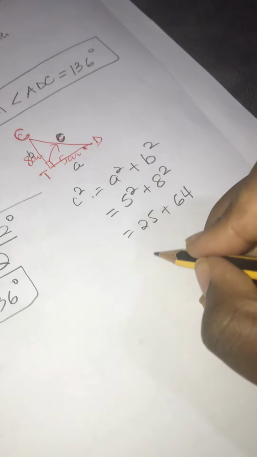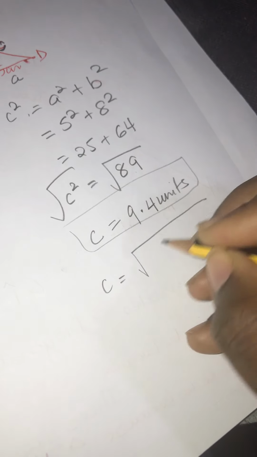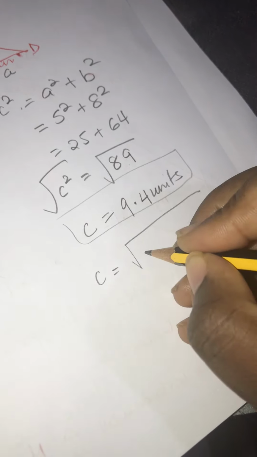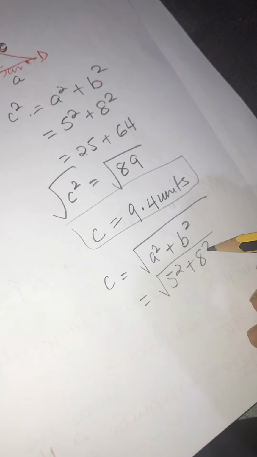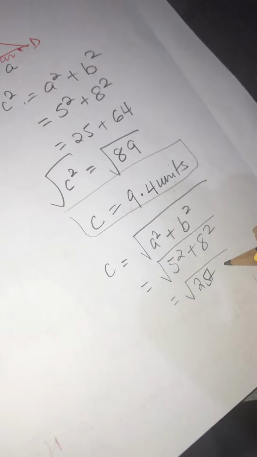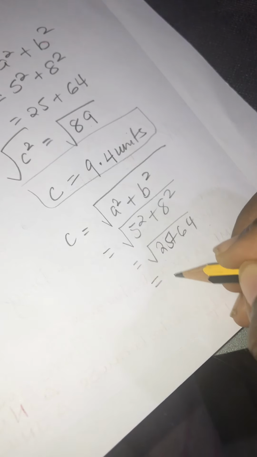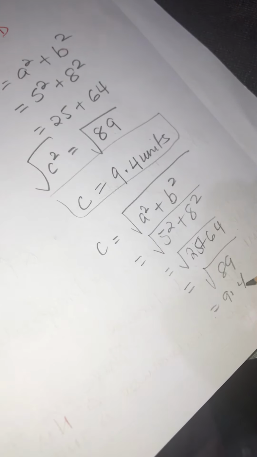Square root of 89 is 9.4 units. Or I just do c equals the square root of a squared plus b squared, and then 5 squared plus 8 squared, square root of 25 plus 64, square root of 89, which is 9.4 units.